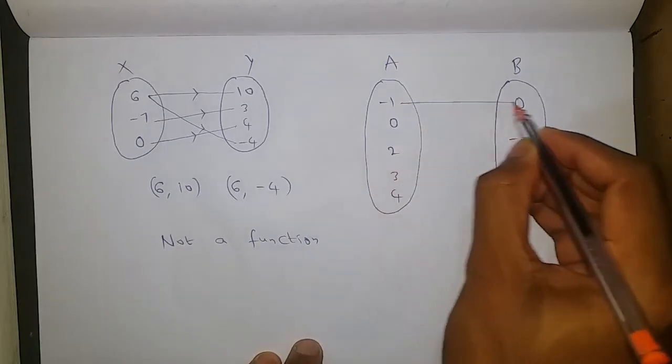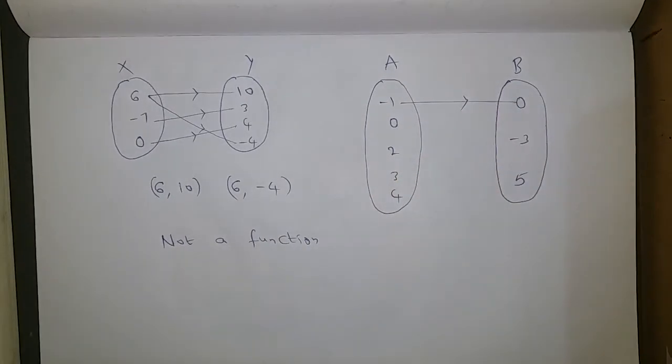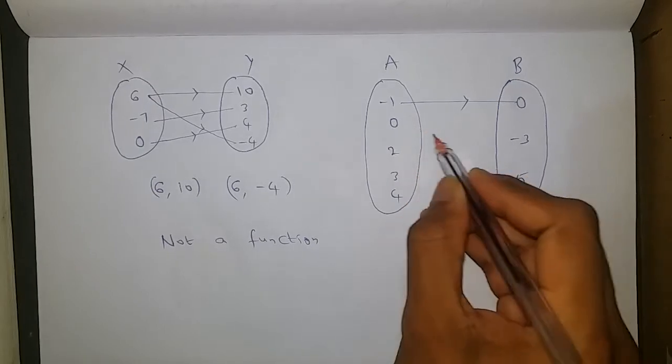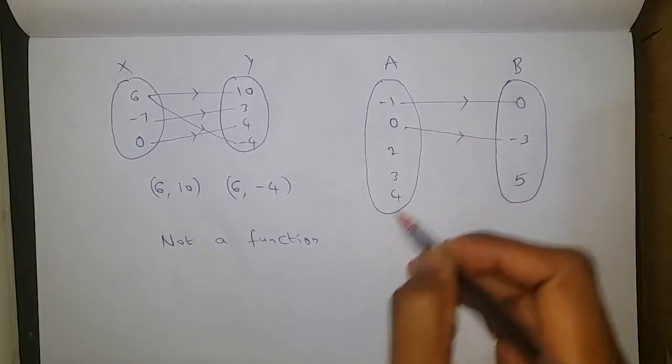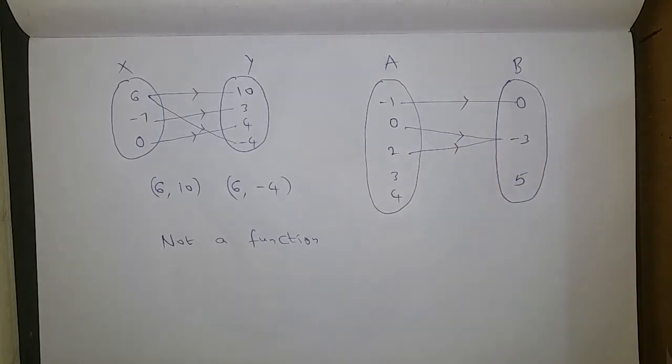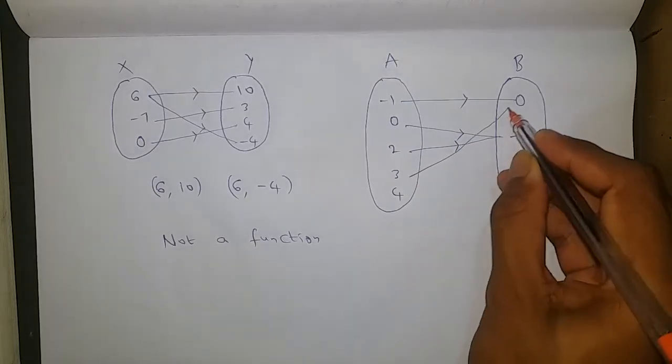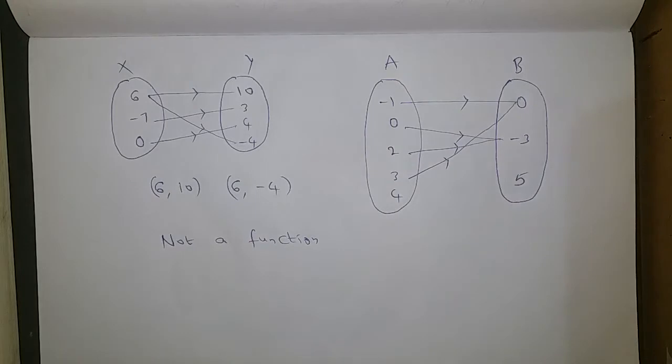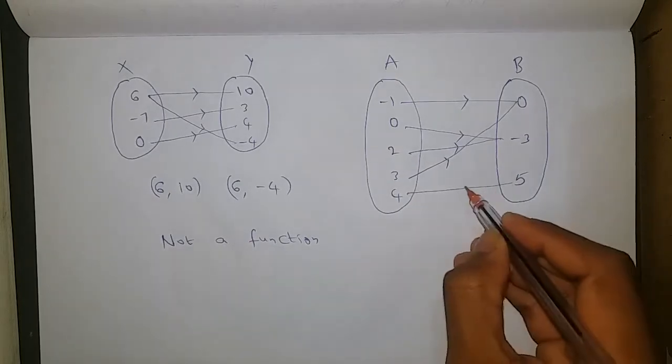Minus 1 is related to 0 and 0 is related to minus 3. 2 is related to minus 3 and 3 is also related to 0 and 4 is related to 5.